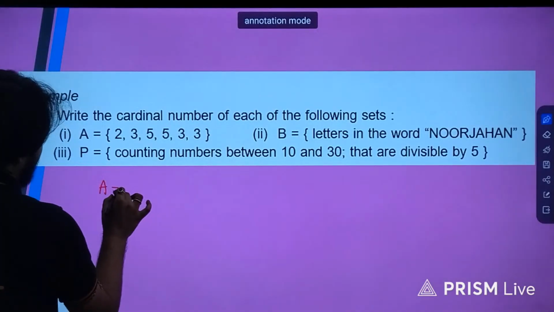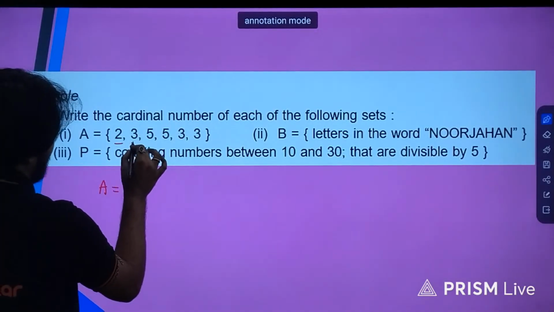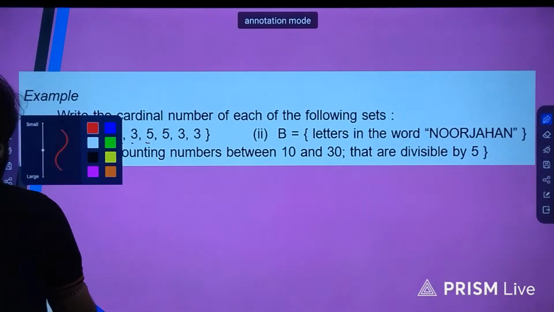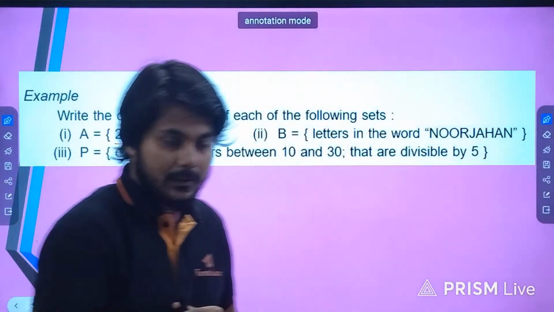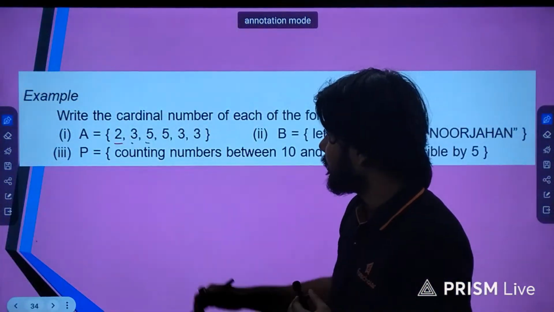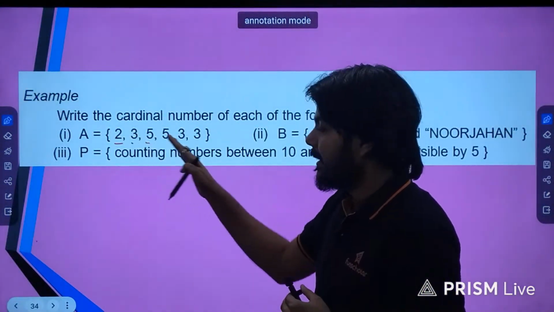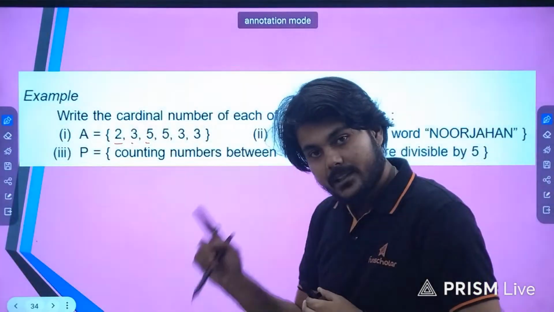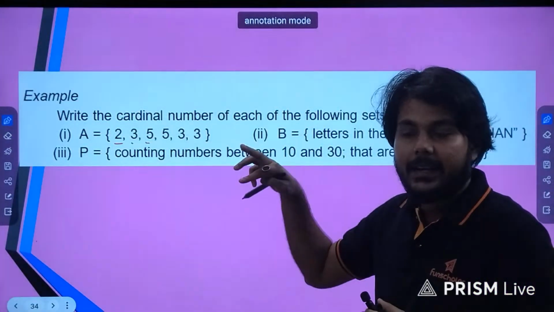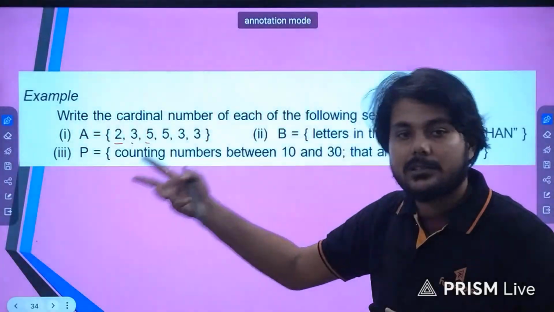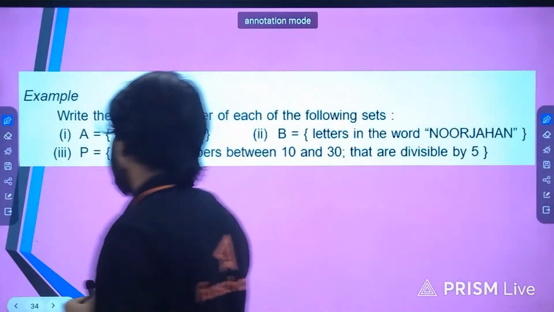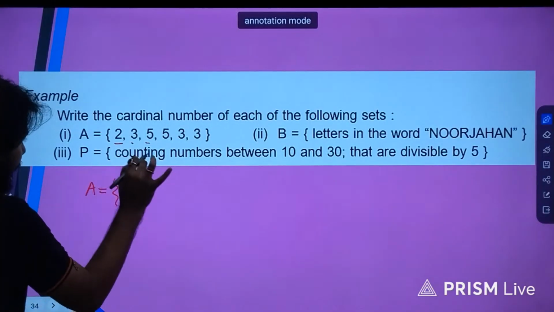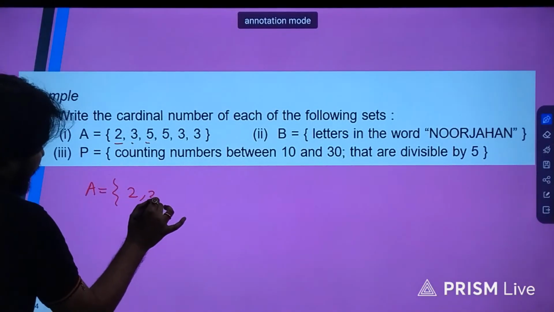For set A, the cardinal number will be 1, 2, see. In the previous lecture, we covered that you can repeat the elements of a particular set. Repetition is allowed, and ordering or rearranging is also allowed. But what are the elements of this set? 2, 3 and 5.